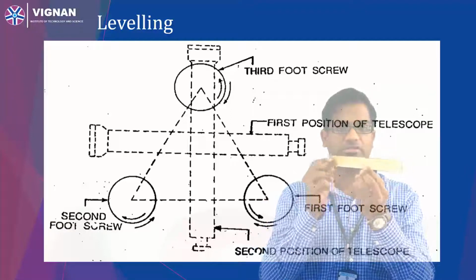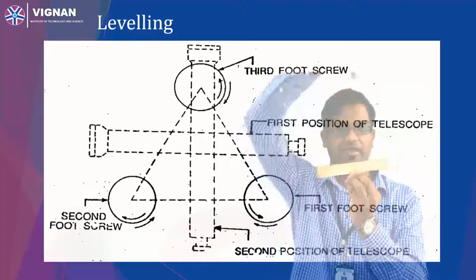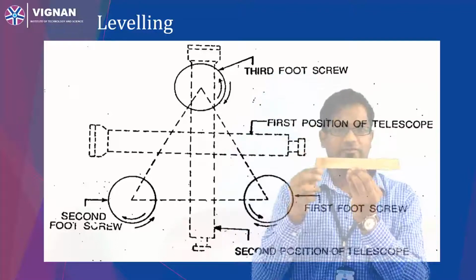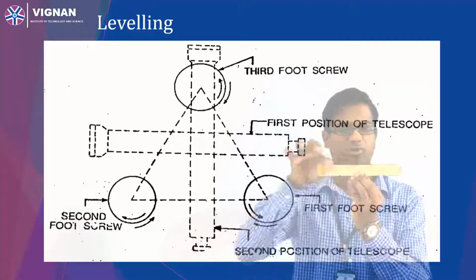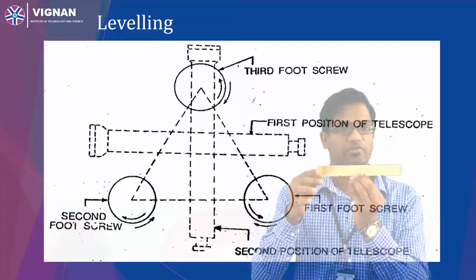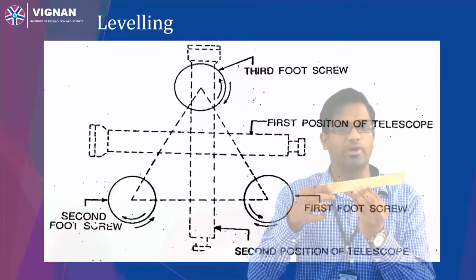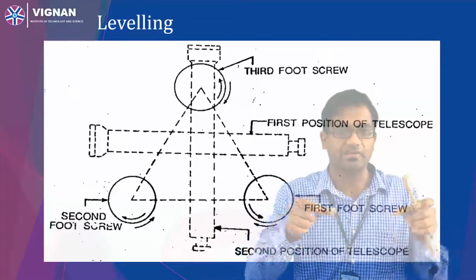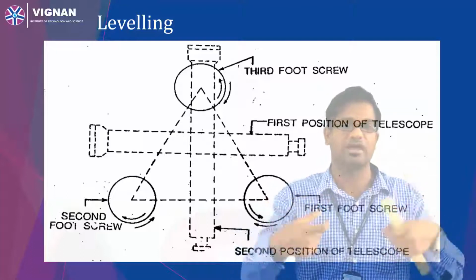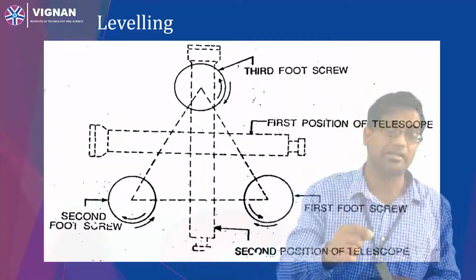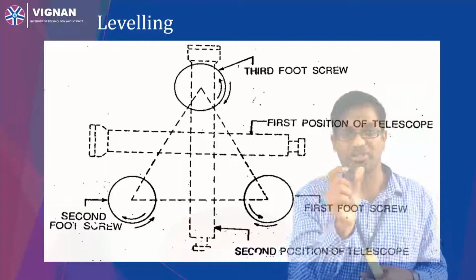I have denoted the telescope with a dotted line as the first position of the telescope. Remember that your telescope can rotate about the vertical axis. In the first position, keep your telescope parallel to any 2 foot screws, and operate the foot screws either inwards or outwards, as shown here, until the bubble comes to center.